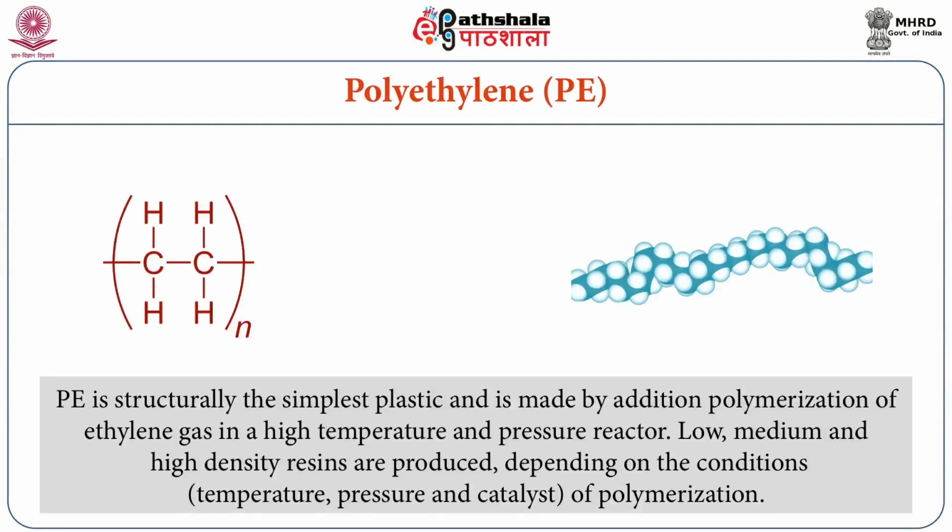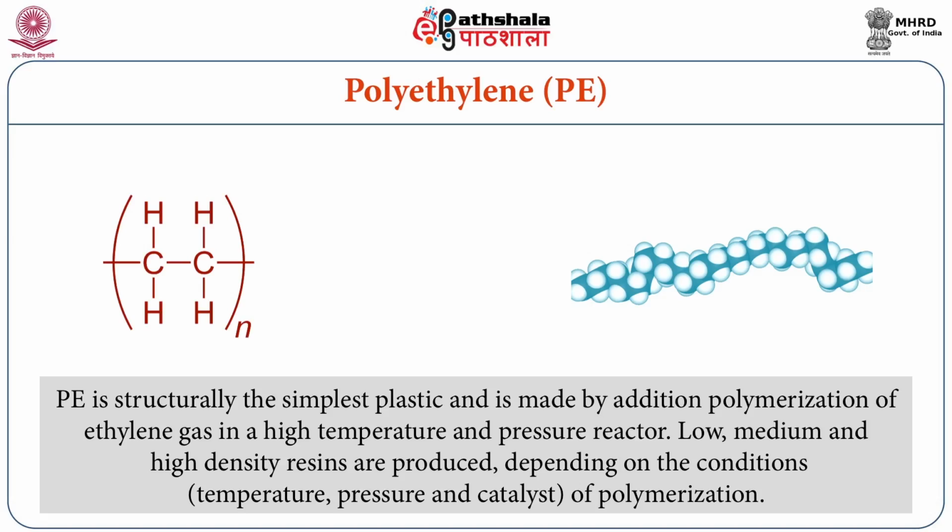In this module, we will discuss different types of plastics, their properties, characteristics and their application in the food systems. Polyethylene. Polyethylene is structurally the simplest plastic and made by addition polymerization of ethylene gas at high temperature and pressure in reactors.